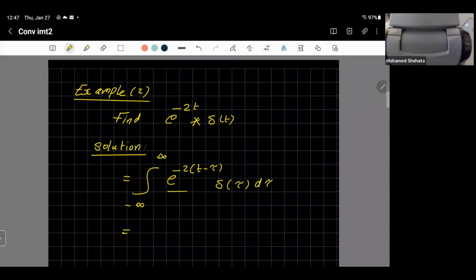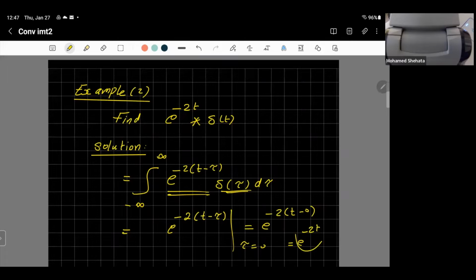It will be equal to this function evaluated at tau equals 0. So you have e to the power of minus 2(t minus tau) evaluated at tau equals 0, because you have delta tau not shifted. That will be equal to e to the power of minus 2(t minus 0), which is equal to e to the power of minus 2t. So the answer will be e to the power of minus 2t.